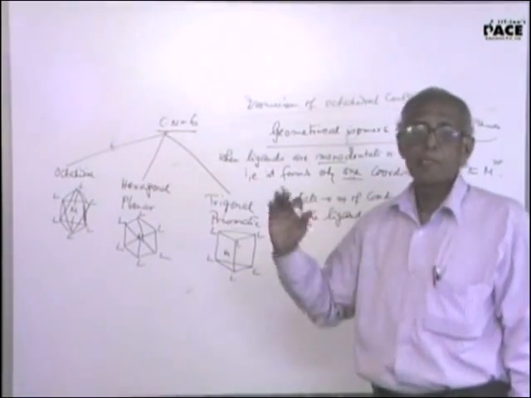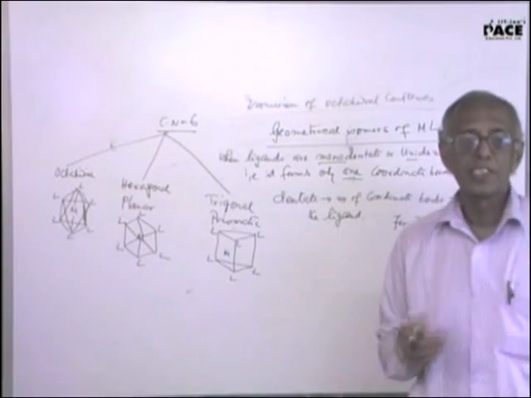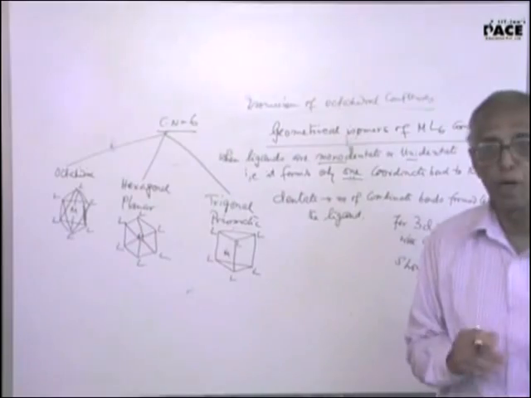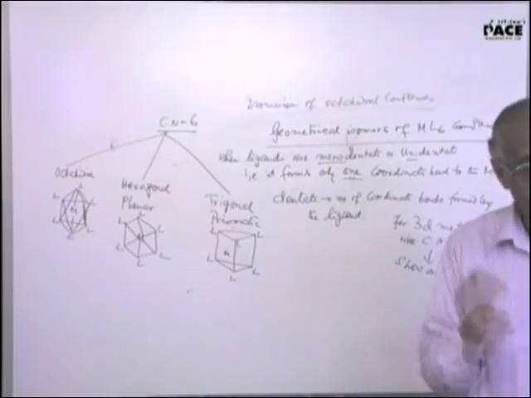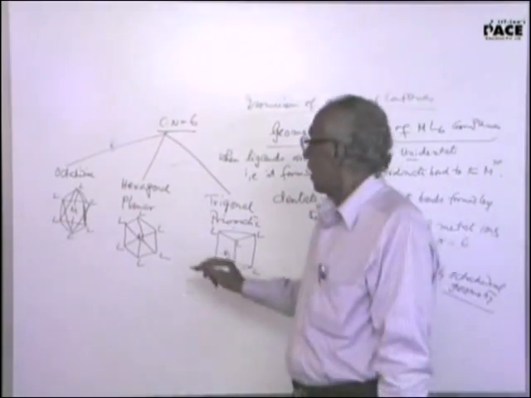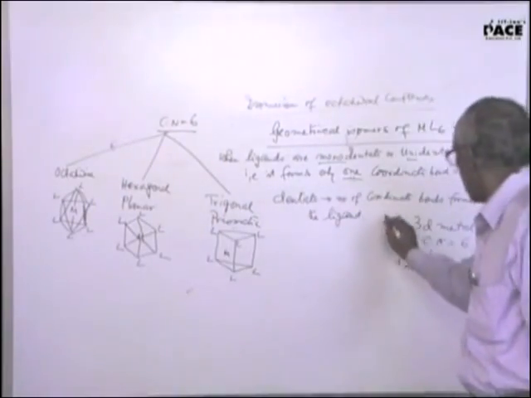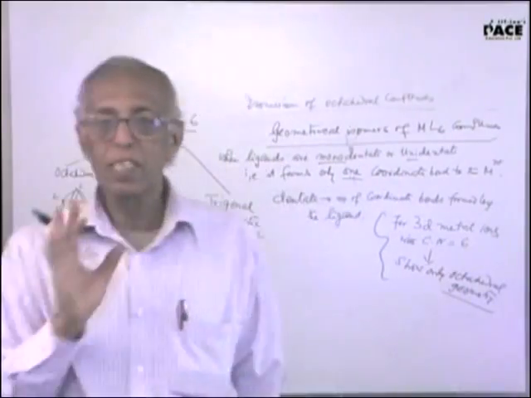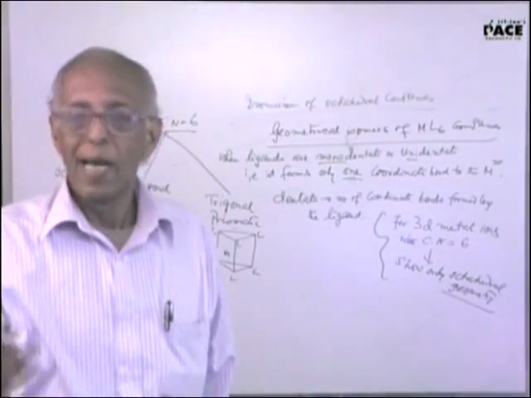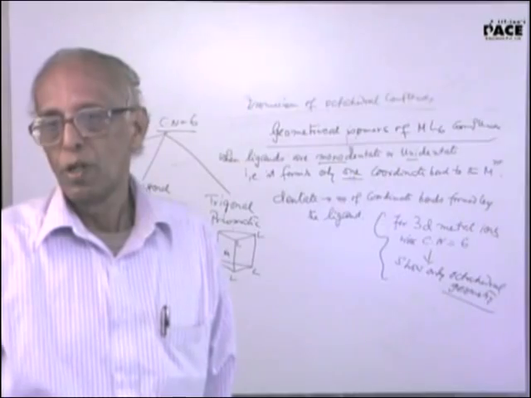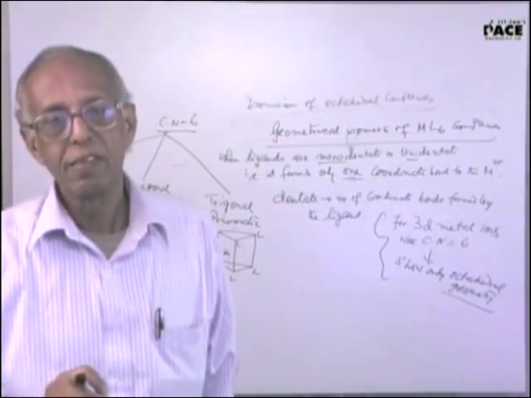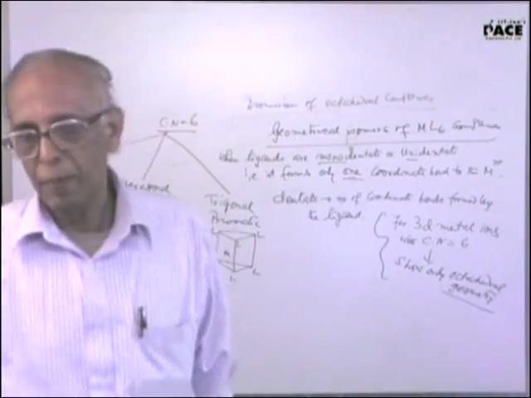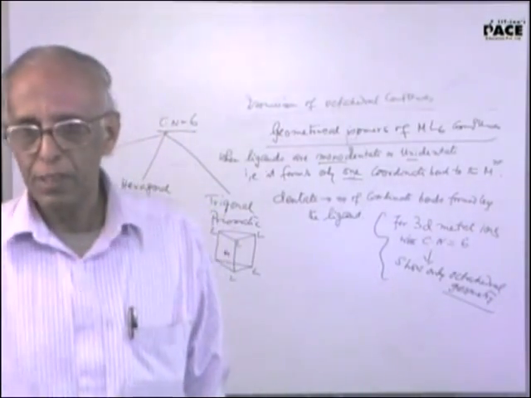So if somebody asks you, coordination number 6 will show only octahedral geometry, is it true or false? Then you have to say it is false. But for your JEE, only 3D metals are included. And for 3D metals, when the coordination number is 6, it forms only octahedral geometry. No hexagonal planar, no trigonal prismatic.